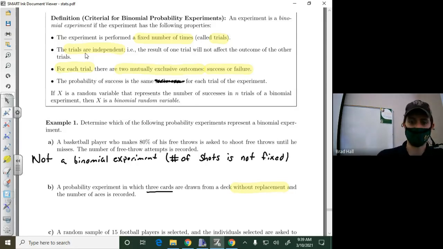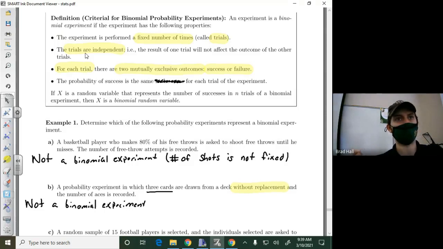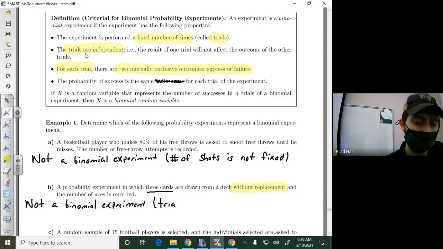So this would not be a binomial experiment, because picking one card and not replacing it will affect the probability of the next card. Or in other words, trials are not independent.